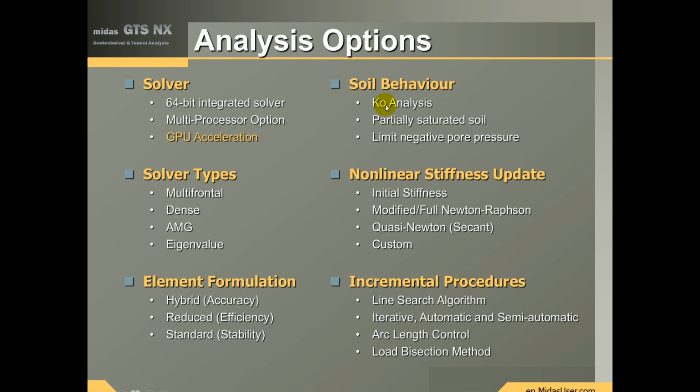Initial stress conditions can be activated using the K-naught procedure, where horizontal effective stresses are calculated from vertical effective stresses. You can also model the effects of partially saturated soil and limit negative pore water pressures.